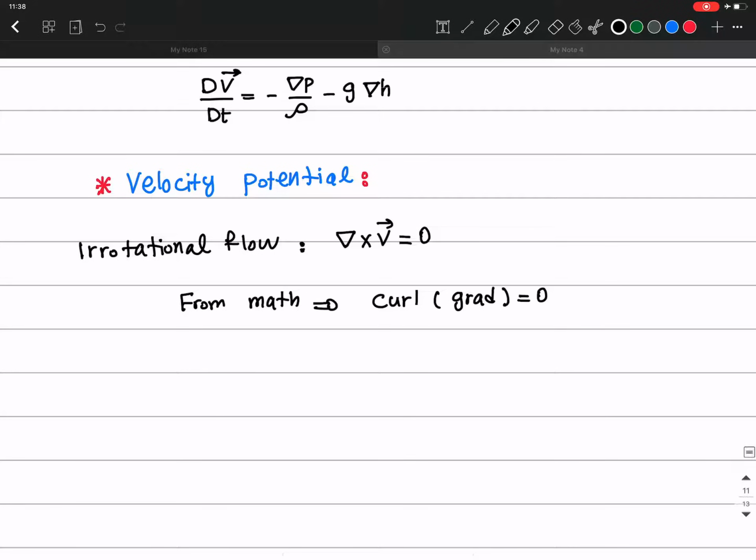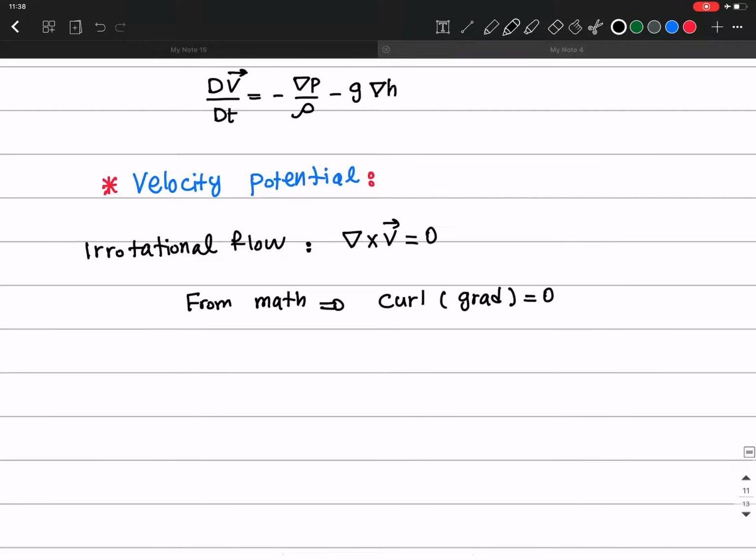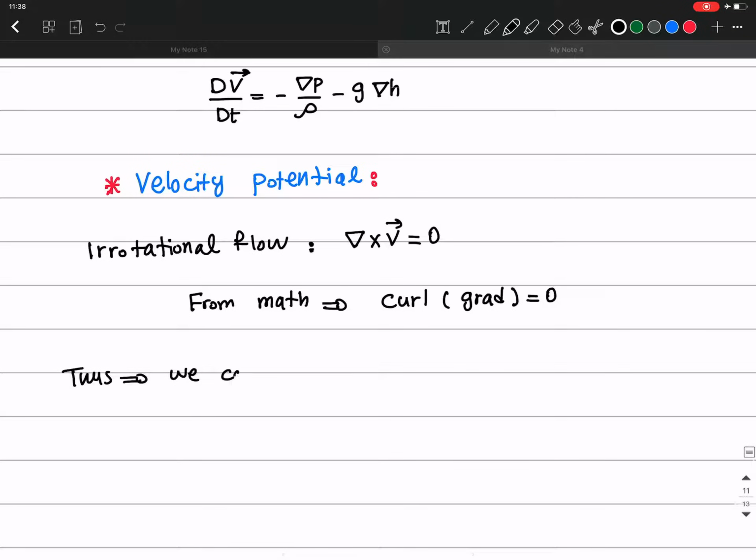Now we use this identity, and based on it we can define a function phi, which is called the velocity potential.